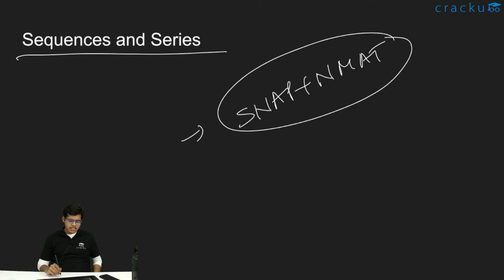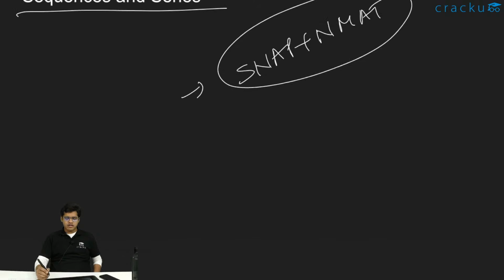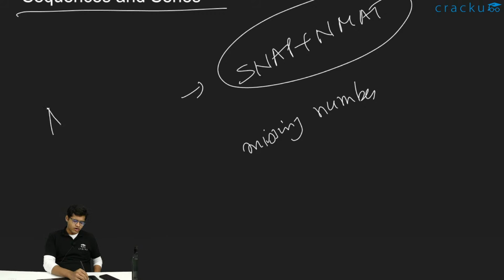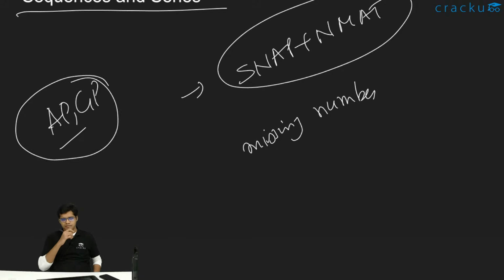Now, basically in sequences and series, the basic idea is that you will be asked to find missing numbers. I mean, sequences and series you have covered in CAT, right? We know AP, GP, arithmetic progression, geometric progression, we have a basic idea. But here it is not only arithmetic progression and geometric progression.